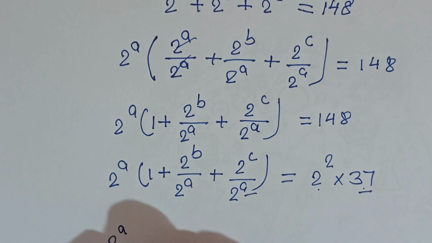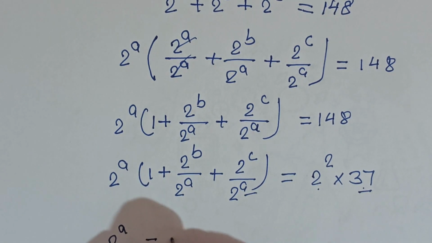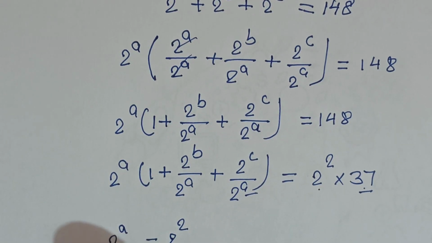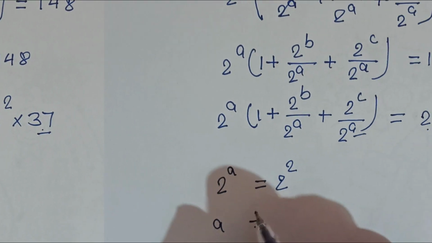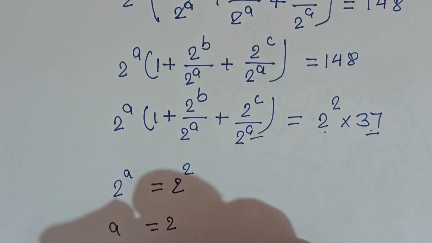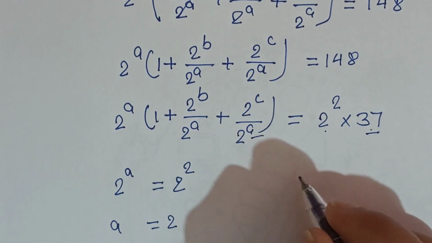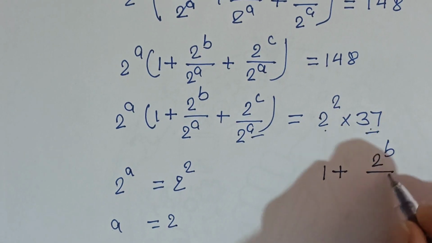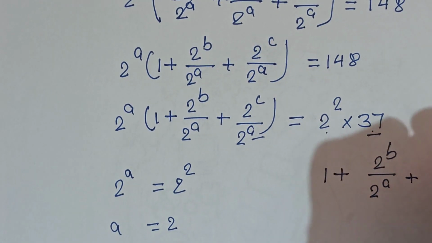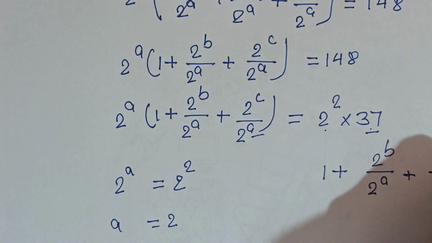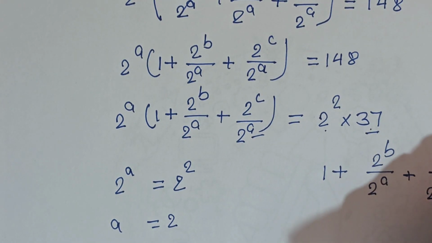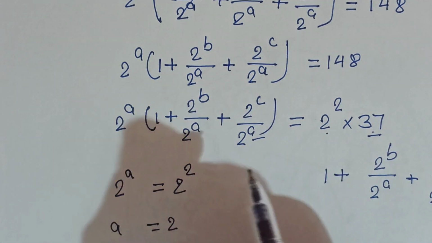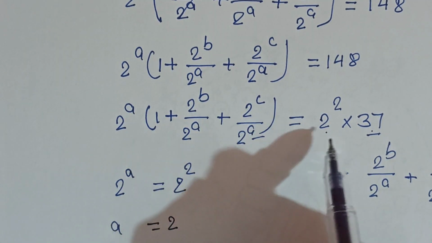So 2 to the power a is equal to 2 to the power 2, and base are same, exponent will be same. 1 plus 2 to the power b over 2 to the power a plus 2 to the power c over 2 to the power a is equal to 37. This is odd factor and odd number, this is even factor and even number.